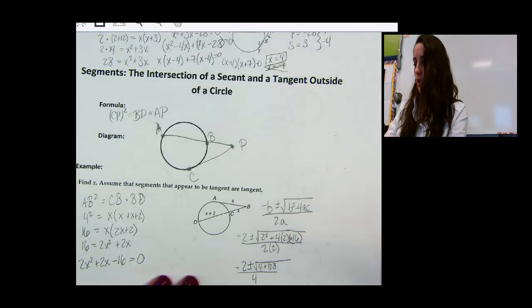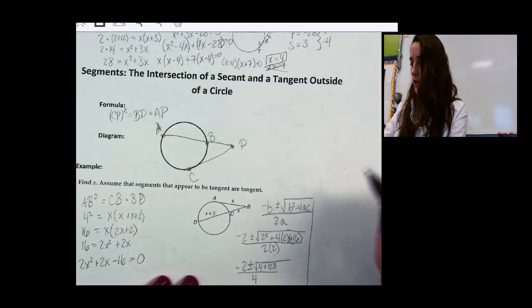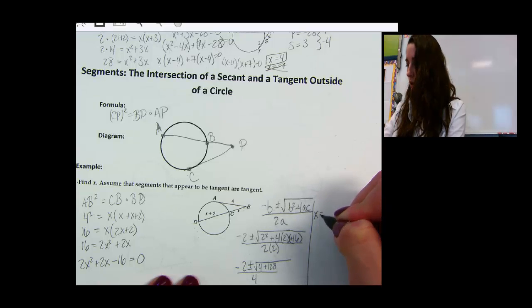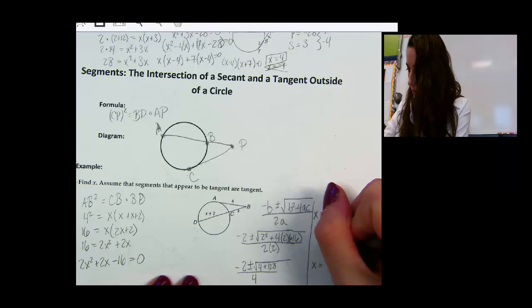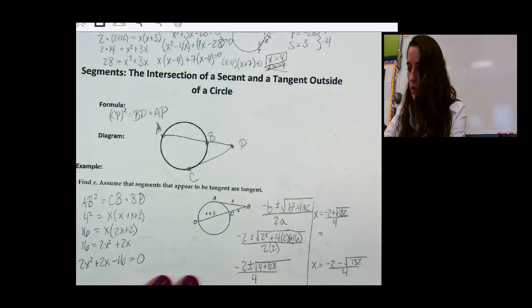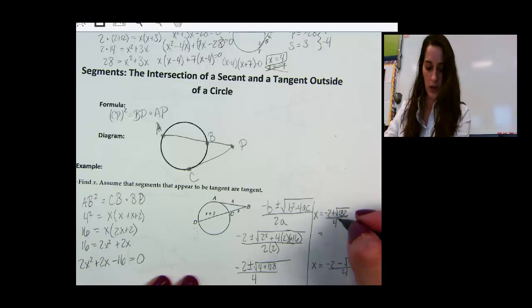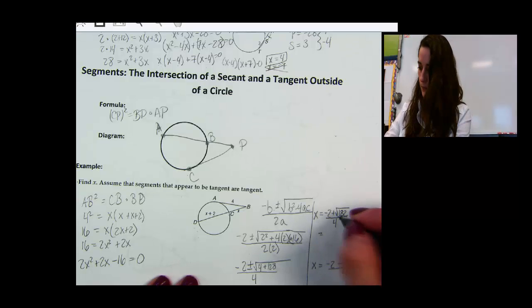Now again, this is plus or minus here, so we're going to get two different answers for x. So we have that x is either equal to negative 2 plus the square root of 132 all over 4, or that x is equal to negative 2 minus the square root of 132 all over 4. The square root of 132 won't come out evenly, so I'm going to go ahead and convert that to a decimal.